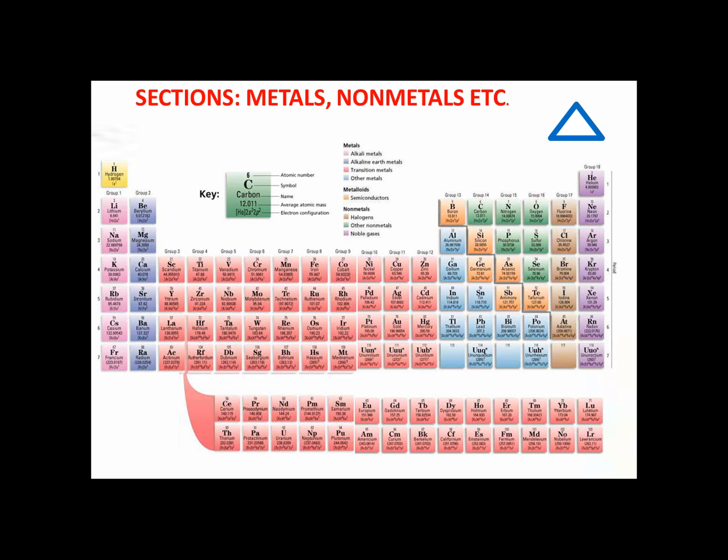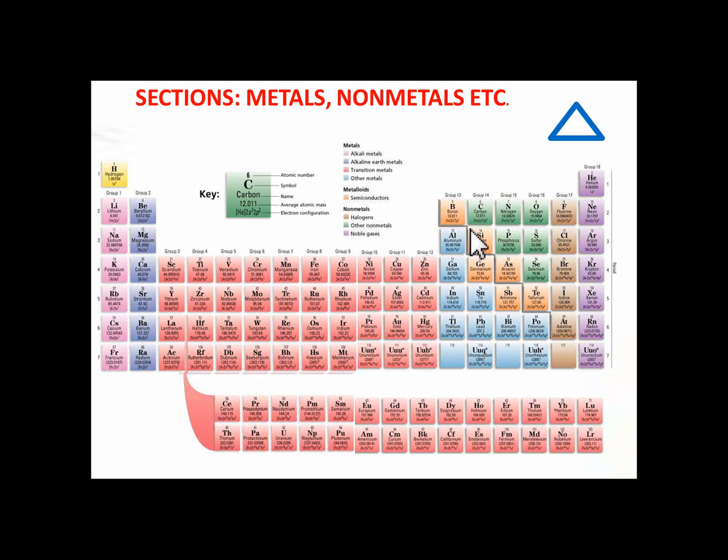The first column here is known as the alkali metals. The second column is the alkaline earth metals. Then this whole section in red, including the rows of elements down here, is known as the transition metals. In blue on this side of the table you have the other metals.